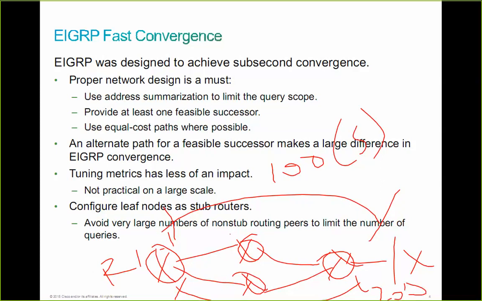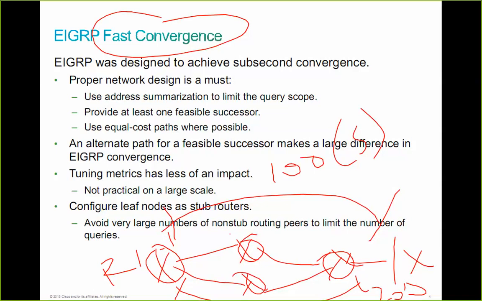But in order to create this fast convergence scenario, one of the key factors is the presence or the absence of a feasible successor. Now, by definition, what is a feasible successor in EIGRP? It's a backup route that takes over in the event that the successor route fails, but only if it meets the feasibility condition, right?